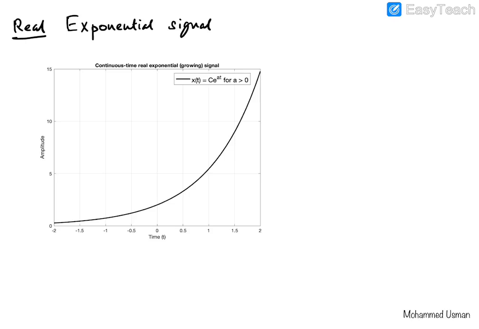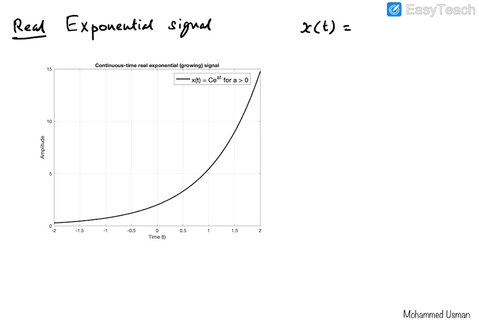Just as in the sinusoidal waveform where we had the real sinusoidal in the continuous time and in the discrete time, now we have the real exponential signal, which is continuous in time. So that's a continuous signal which is exponentially growing. Now the general form of an exponential signal is c e power at. Because it's continuous, we write it as x of t.